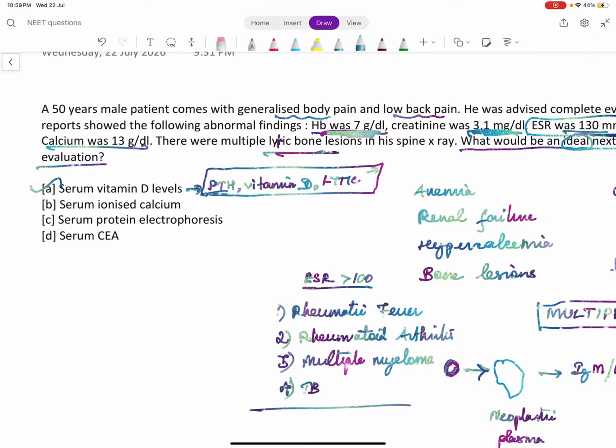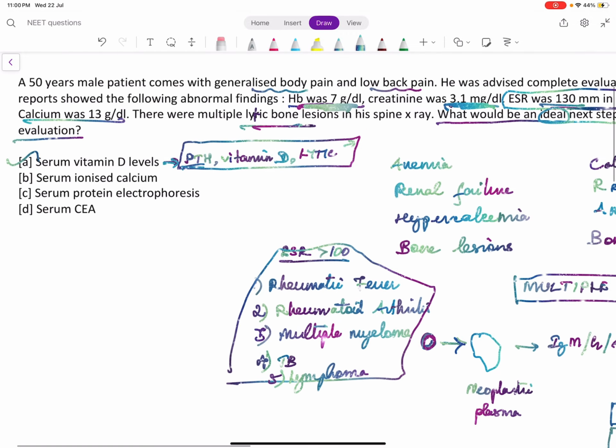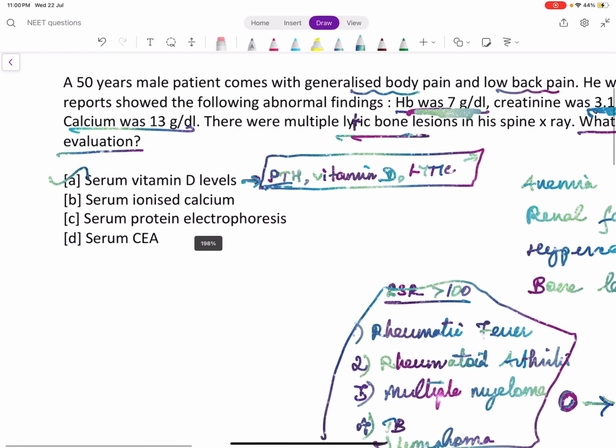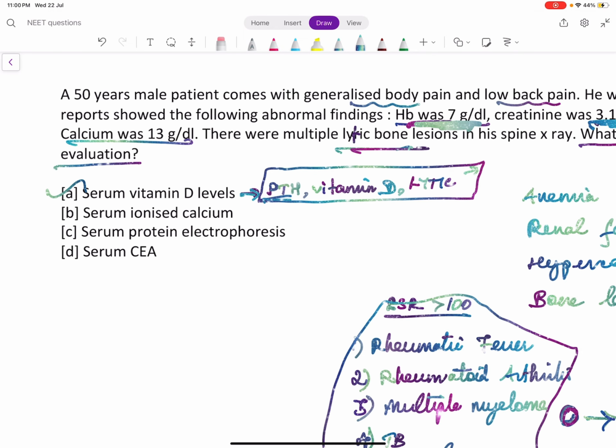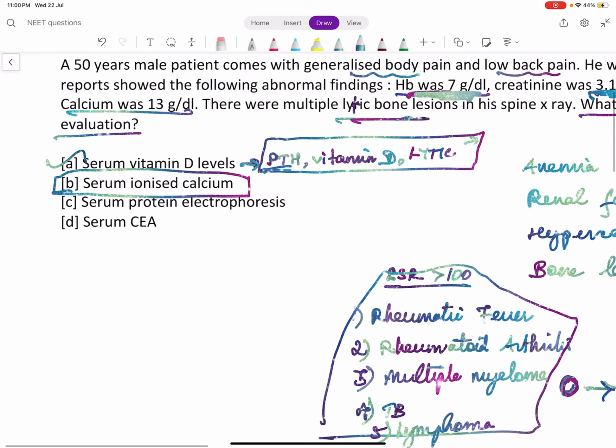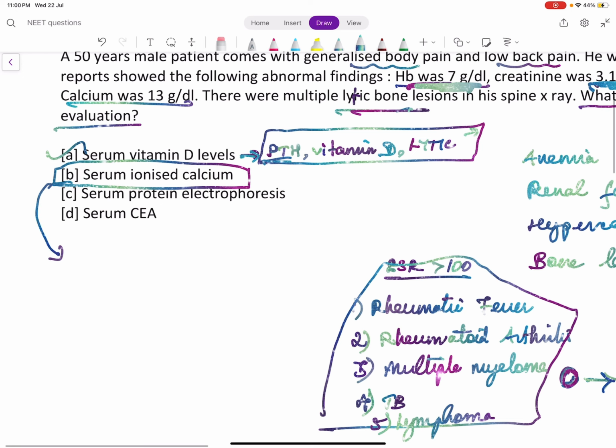You can tell lymphoma also. These are the conditions where ESR is very much elevated, more than 100. So ESR more than 130 does not explain hypervitaminosis D. Serum ionized calcium. So why the term serum ionized calcium? Ionized calcium has to be sent for a confirmation of hypocalcemia, not hypercalcemia.